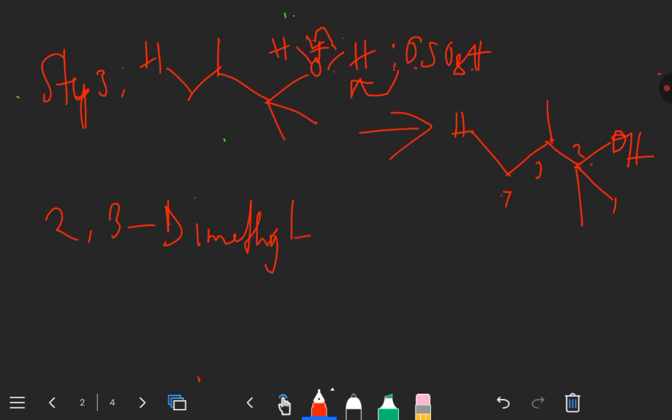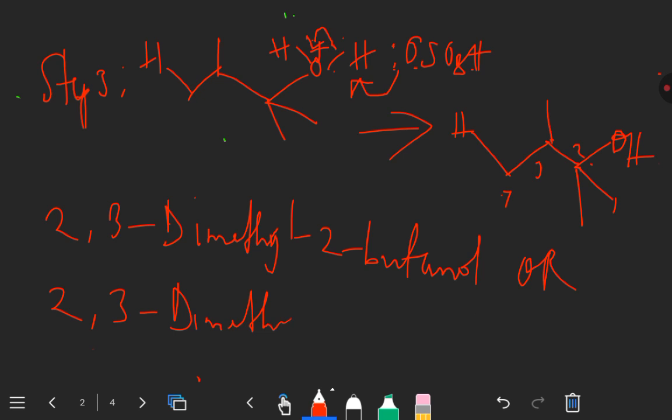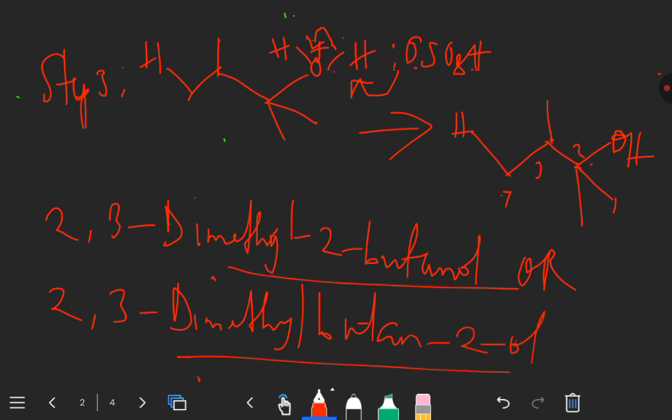Then we can say 2 butanol, or this sometimes can also be written as 2, 3 dimethyl butane-2-ol. So naming it like this or naming it in this manner, it is just one and the same thing.